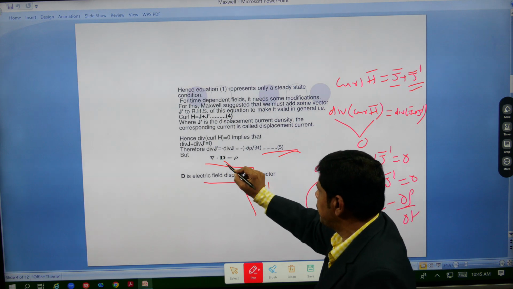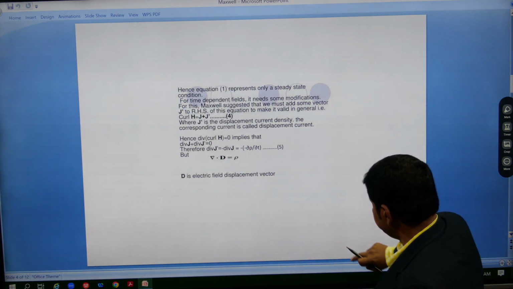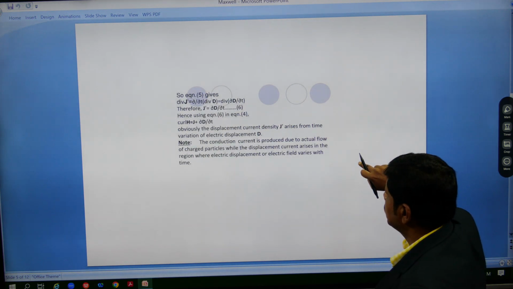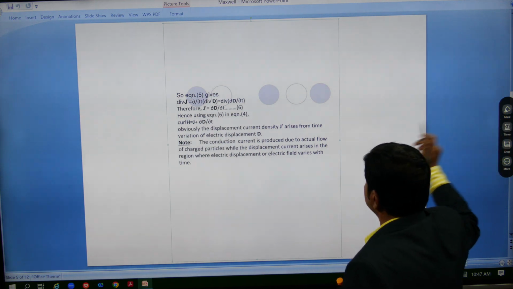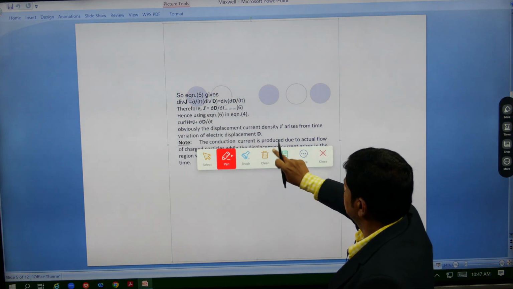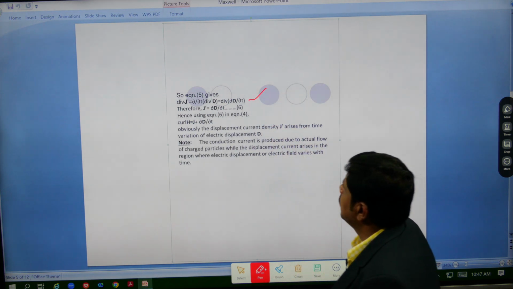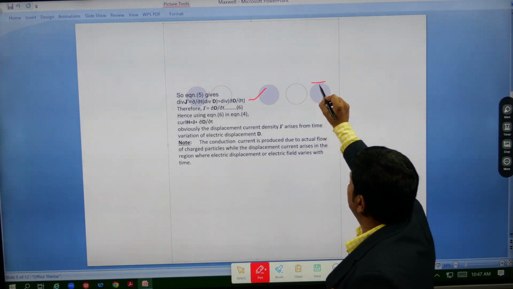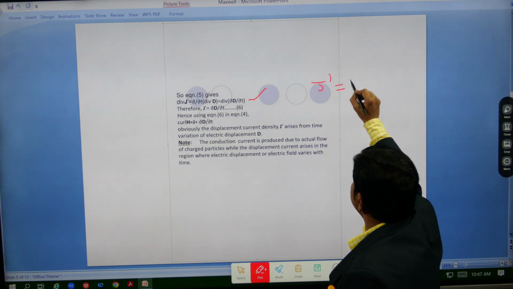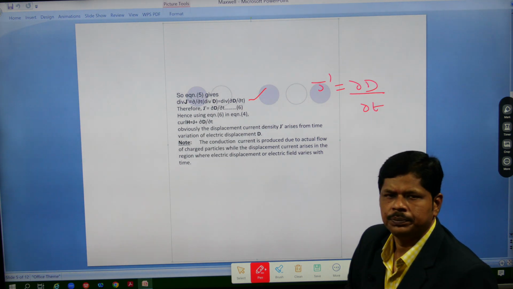So we substitute this value in this equation, and we get divergence of J bar dash is equal to divergence of dou by dou t of D bar. So finally we got J dash is equal to dou D by dou t.